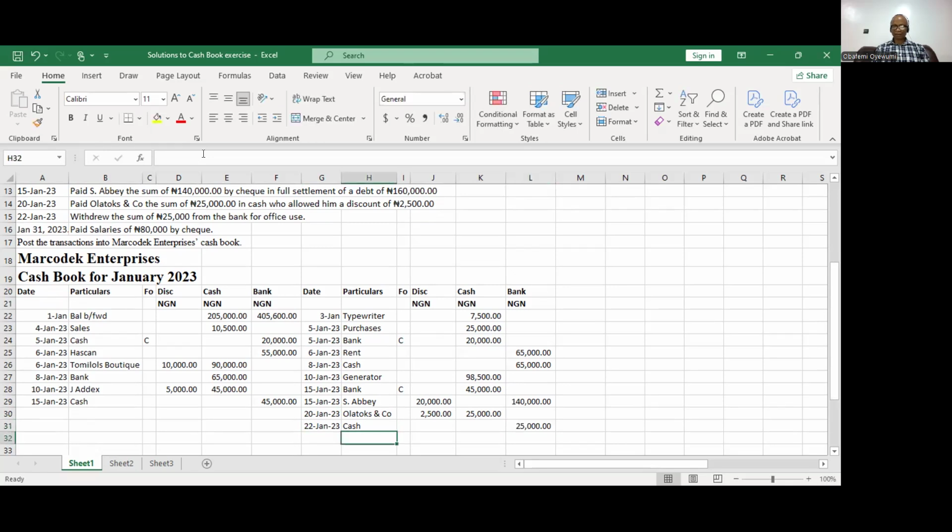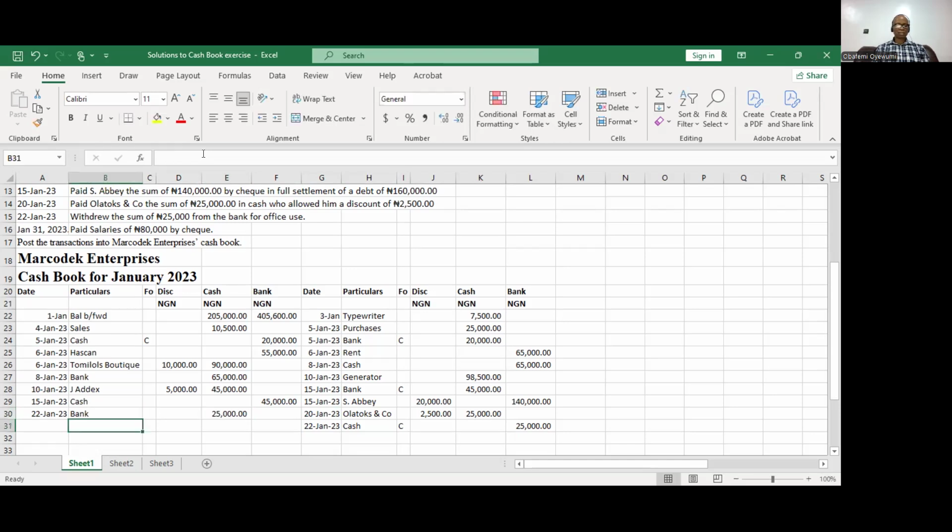And then you're going to be having a contra there. So go back to the debit side to record the receipt of January 2023, and then you label it. That's the narration now, narration of the bank. And then you have 25,000 there.